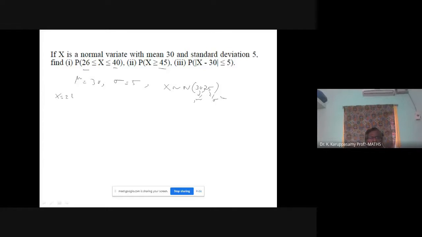X equal to 26 implies the corresponding z value, x minus mu by sigma, 26 minus 30 divided by 5, minus 4 by 5, minus 0.8.